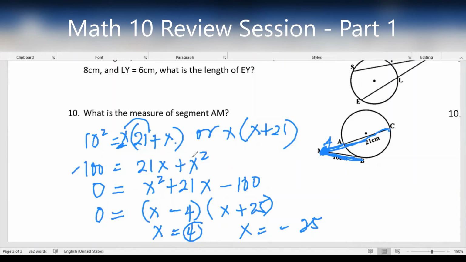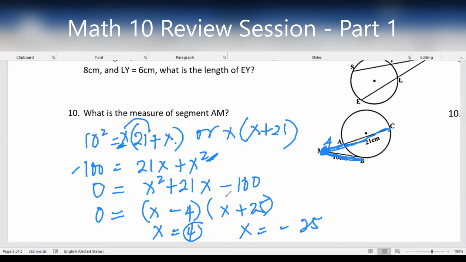Tapos, as long as you see square, always think of factoring. Or if you cannot make it by factoring, then you use completing the square or the quadratic formula. So x squared, syempre dapat naka-standard form ang polynomial, from highest degree to lowest degree. Kaya x squared plus 21x minus 100.